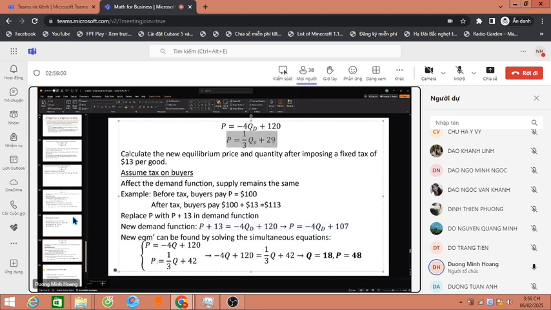So let's copy the supply over here. The supply side remains the same, and here is our new demand function. Plug it in over here, and since at the new equilibrium Qd has to be equal to Qs, we only have Q over here.